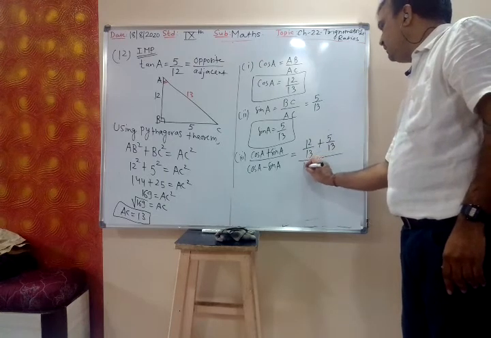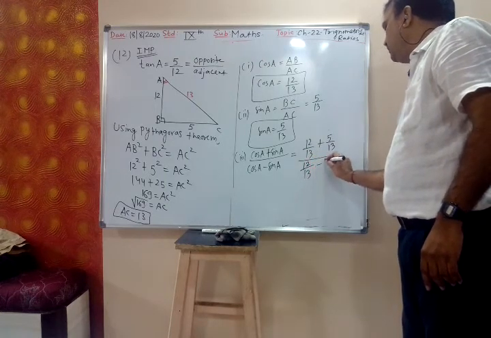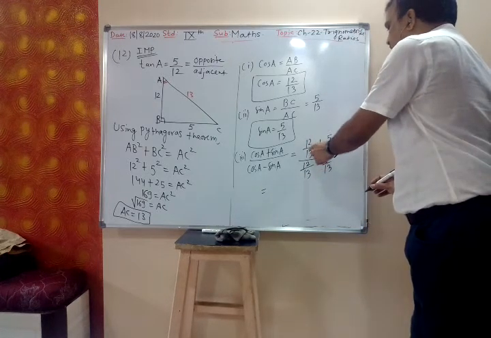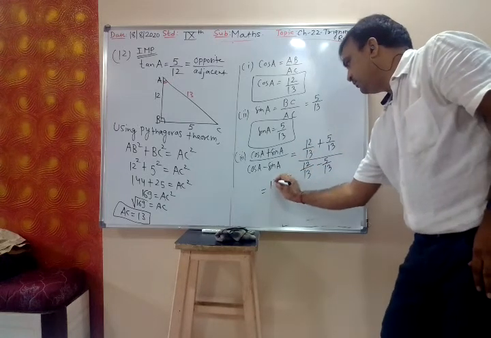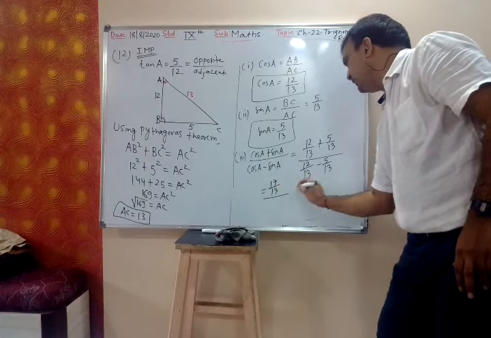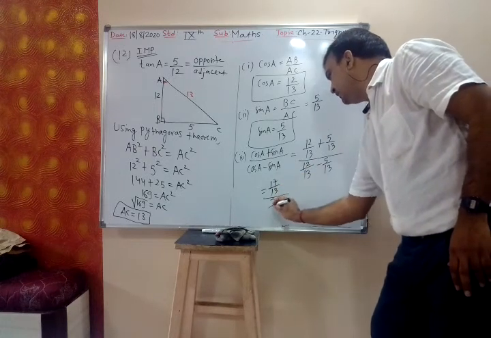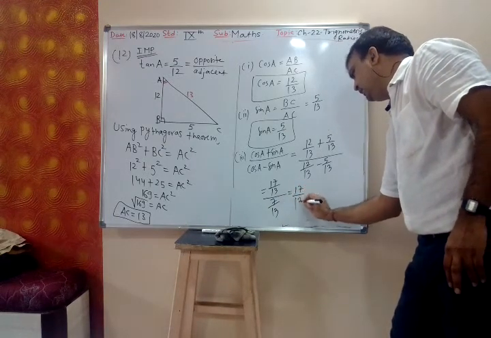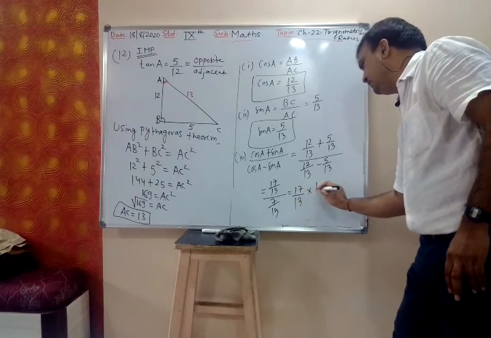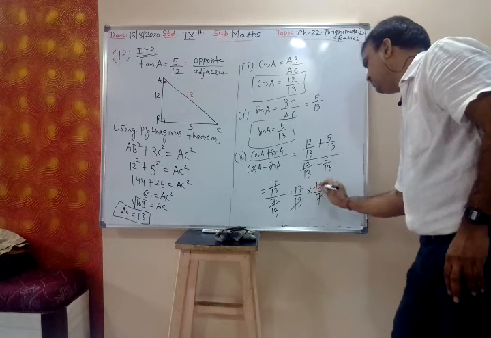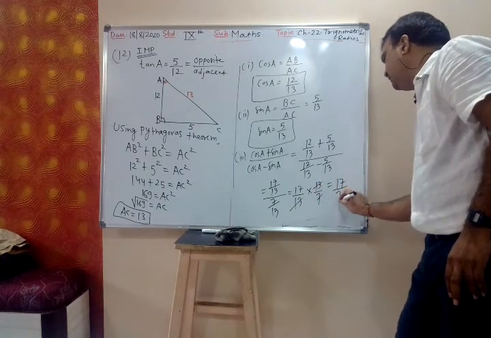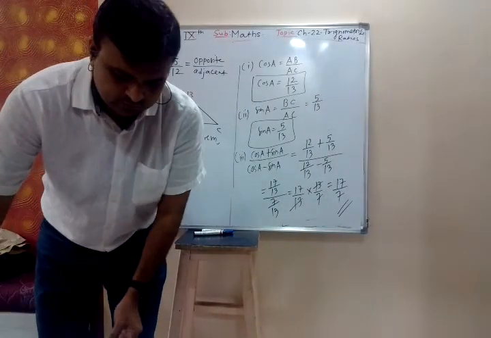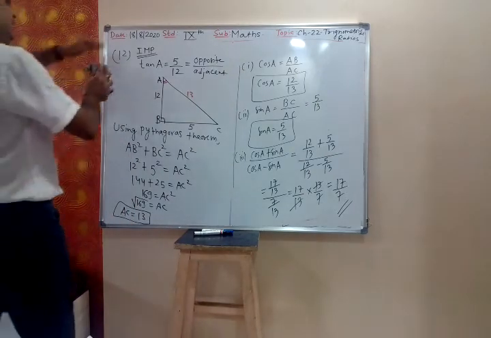So the numerator is 12 plus 5 upon 13, that is 17 upon 13, divided by 12 minus 5, 7 upon 13. That is 17 upon 13 multiplied by 13 upon 7. So 13 gets cancelled, and the answer is 17 upon 7. Yes, you can directly cancel.